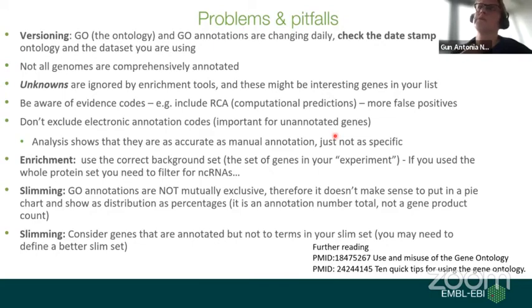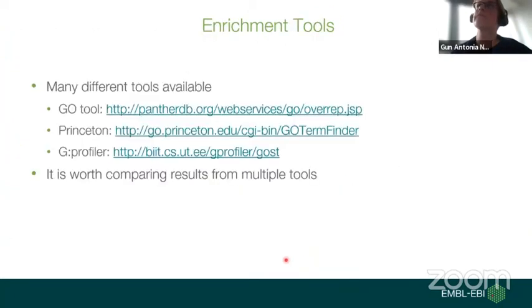And you might need to look at the slim and include more terms. There are some suggestions for further reading here. And there are lots of different tools to do enrichments. I would try different ones and compare the results and see that you get things that you expect, and what the differences are.